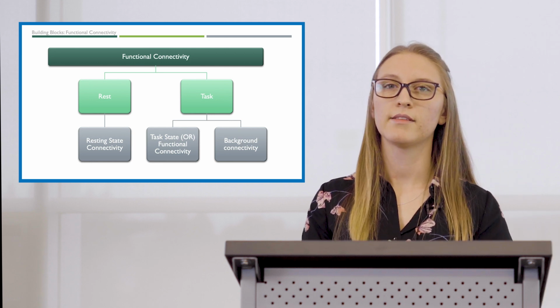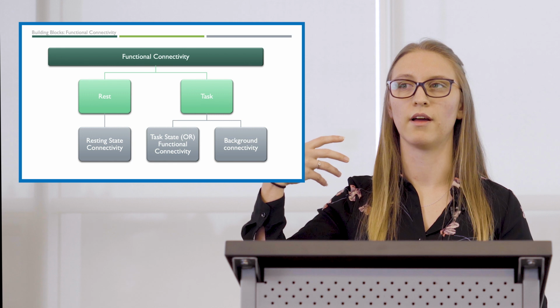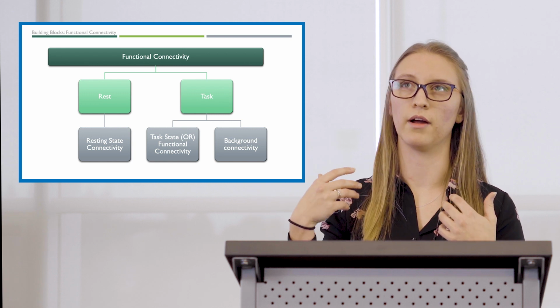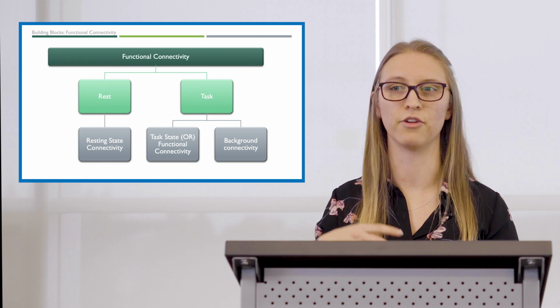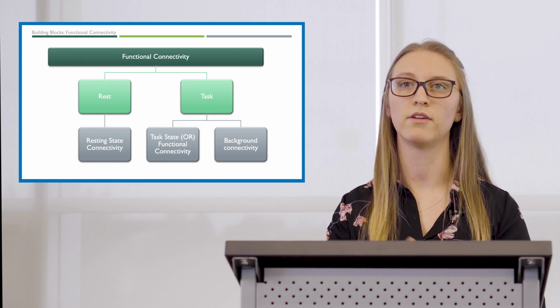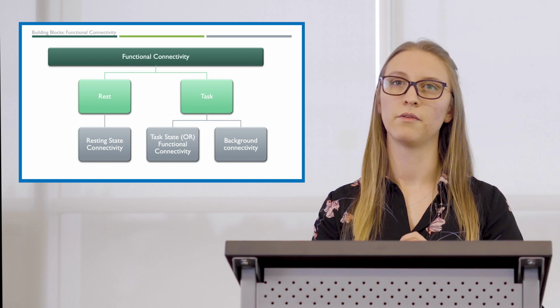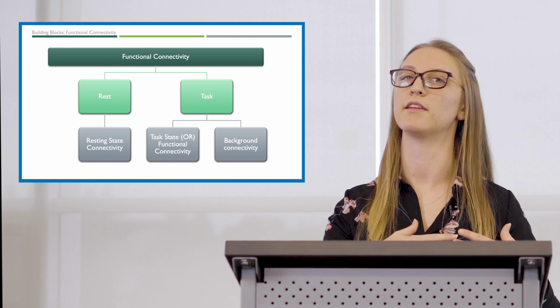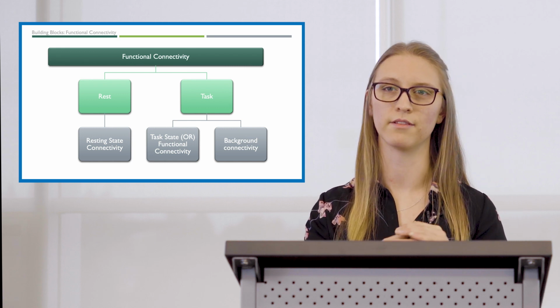Now, completing a task is any sort of conscious engagement of an activity or a question that they're trying to answer, a math problem, or it could just be a physical movement. These are all different types of tasks. So from the resting state, what we get is resting state connectivity. This makes sense, it's very concise, and the term is logical.